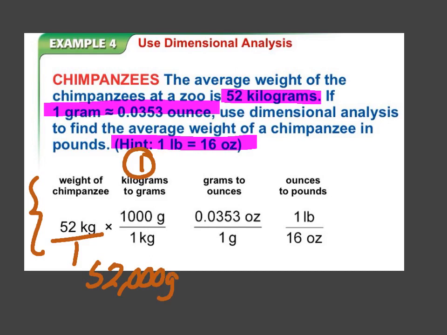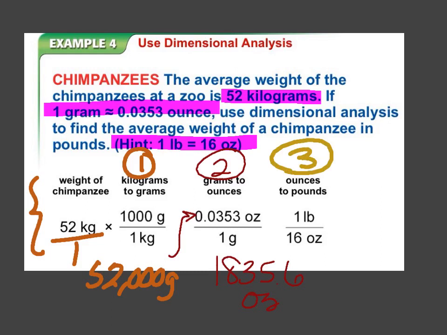Okay, so what you need to do now is convert grams to ounces. So that is step number 2, grams to ounces. So you take your 52,000 grams and you multiply it times your 0.0353 ounces, and that gives you 1,835.6 ounces. Okay, and then the last thing you need to do is convert those ounces into pounds.